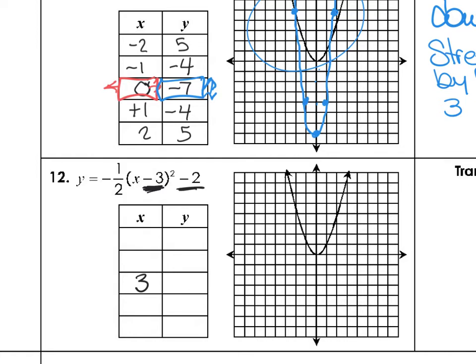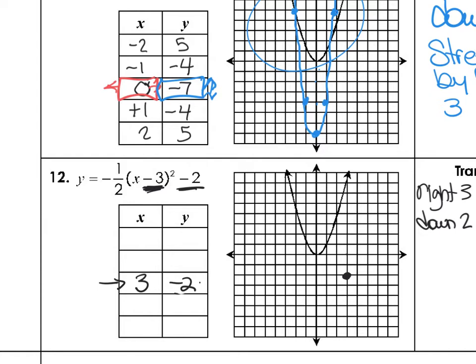And this is my y coordinate, -2. So this tells me that we went to the right 3, and this tells me that we went down 2. You can go ahead and graph it over here. 3, -2 is here.